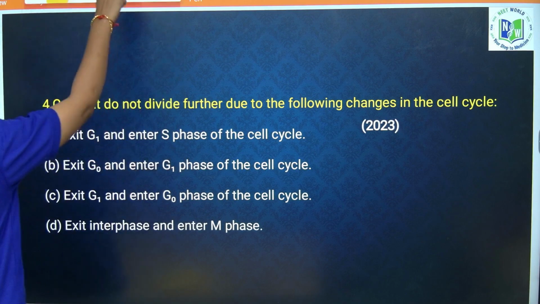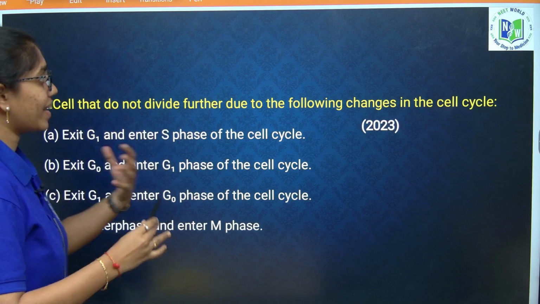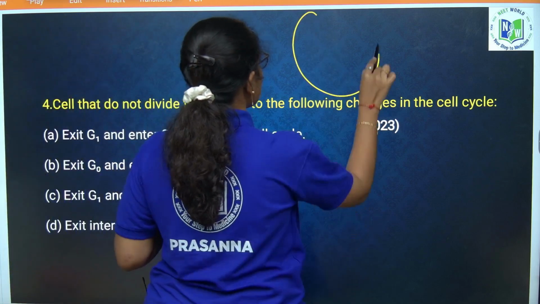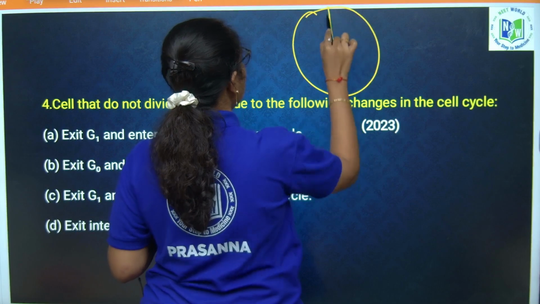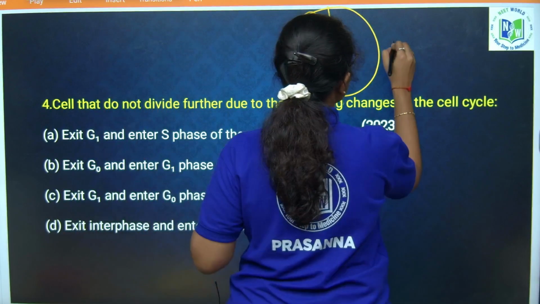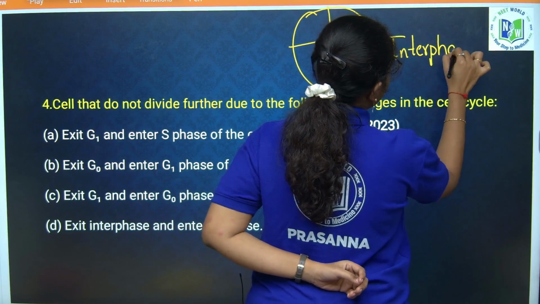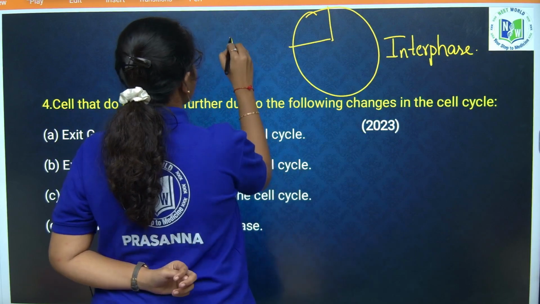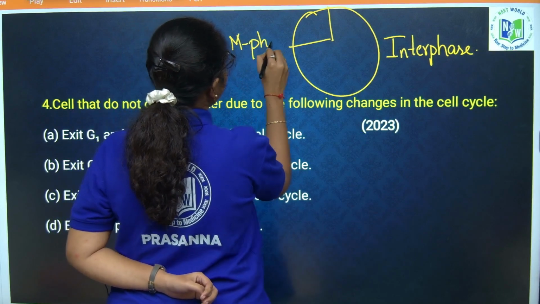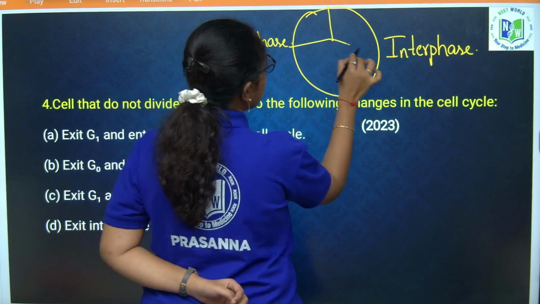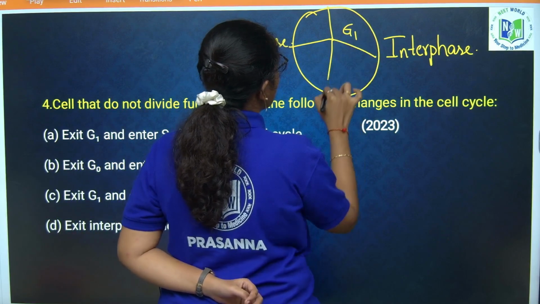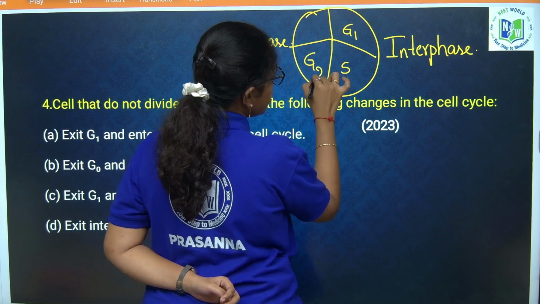Next question: cells that do not divide further due to the following changes. When does a cell not divide further, or escape cell division? Just have a gist of the cell cycle, wherein the cell cycle has two phases. What are they? Interphase and M phase. Interphase is further divided into G1, S and G2 phases.